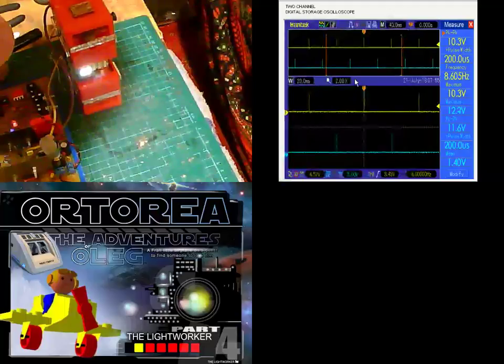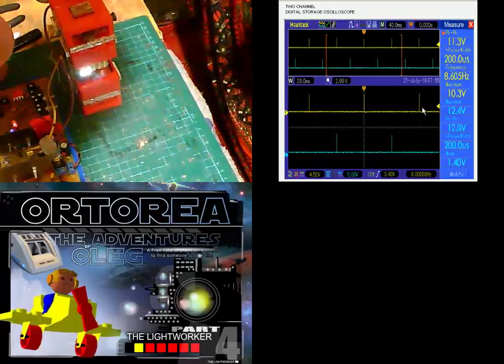Right, so the oscilloscope readings were on 200 microseconds, which is not even 1 millisecond actually. So there's 1000 microseconds in 1 millisecond. So we're kind of jumping actually between 200 and 400. I don't know what that is, maybe it's a blip. But it depends.